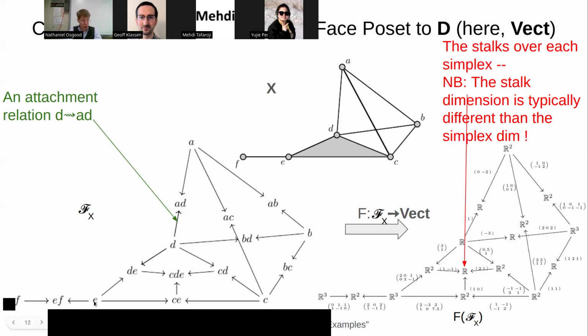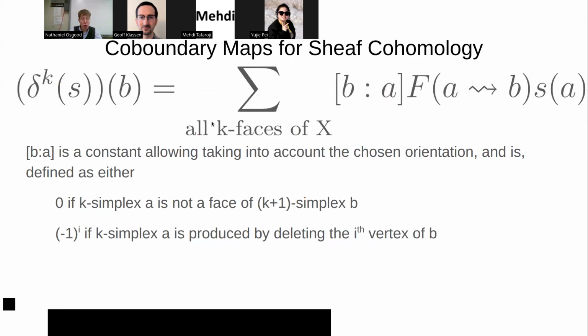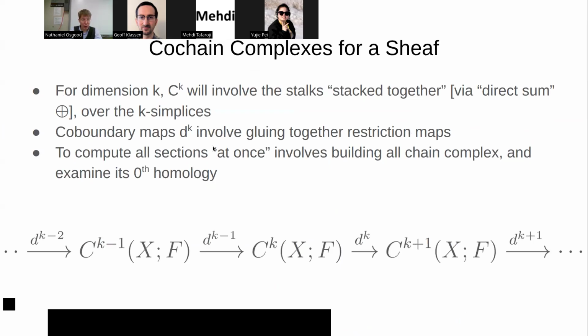Okay, but now let's consider our 1 simplices, or simplices of dimension 1. We were just talking about this. It's going to have a stalk over it. C sub 2 here is going to consist of vectors of real numbers representing the value in the stalk over the triangle, the thing of dimension 2.